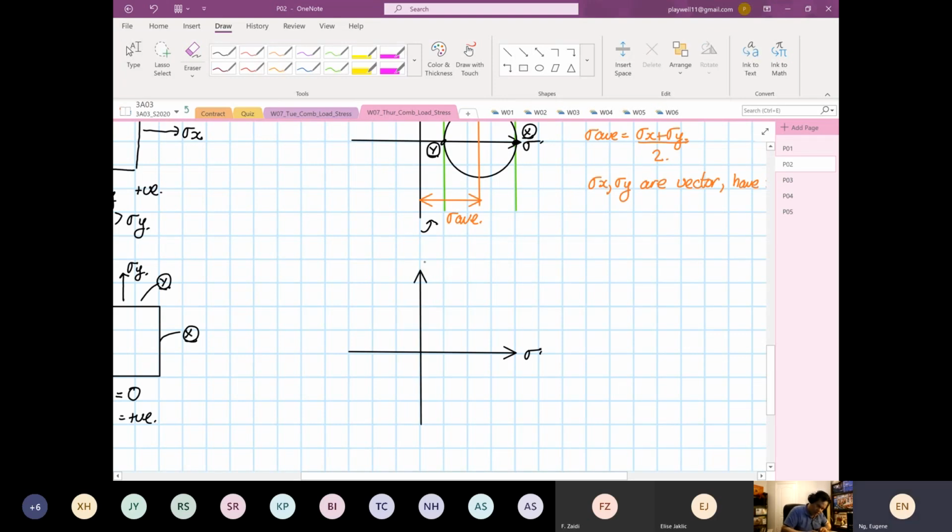I'm always drilling into you guys that this is positive. Shearing stress where the top is element rotate clockwise, below element rotate anti-clockwise. I'm always enforcing it for that reason. So we know that stress X is at your 0 line. Now stress Y is going to be positive.